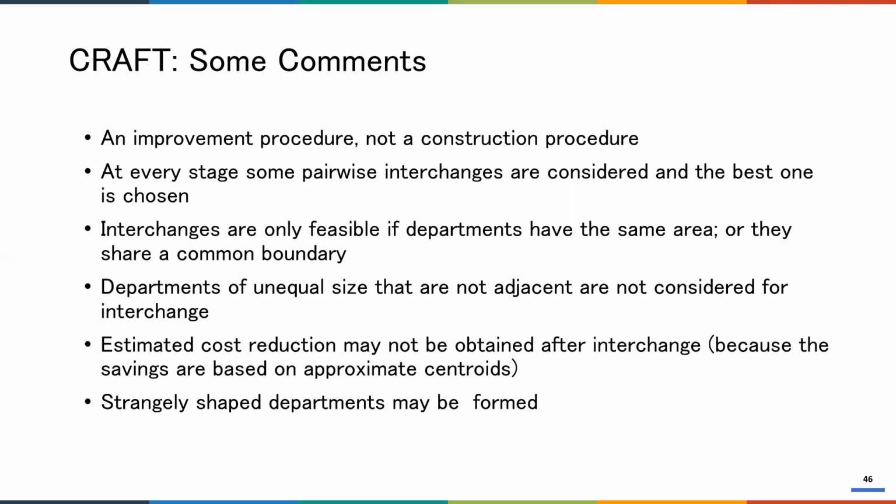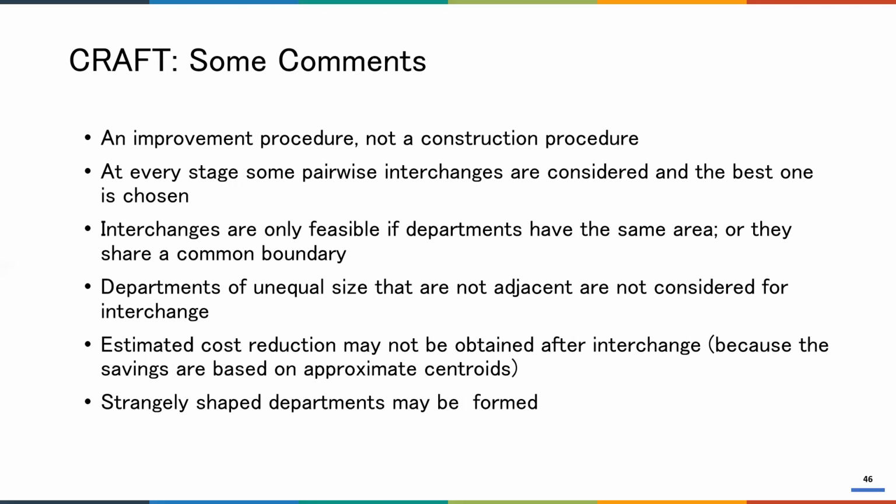Okay, so only departments adjacent to each other are considered for pairwise interchange. Otherwise, you just exclude them from the calculation. And then sometimes even after the interchange, you can't find more saving.